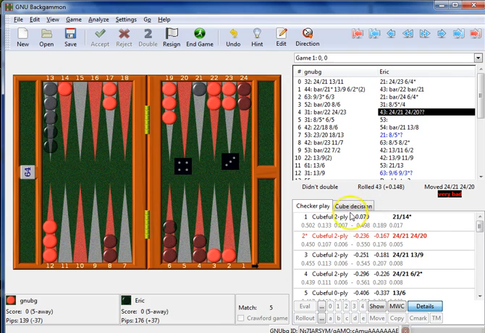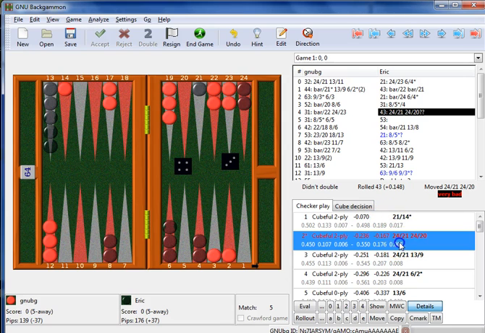meaning that more times than not, I'm going to lose some points, but only 0.07 points on average. Making the move that I made here, you can see that my equity was actually minus 0.236. So on average, I'm losing a whole quarter of a point instead of 0.07.